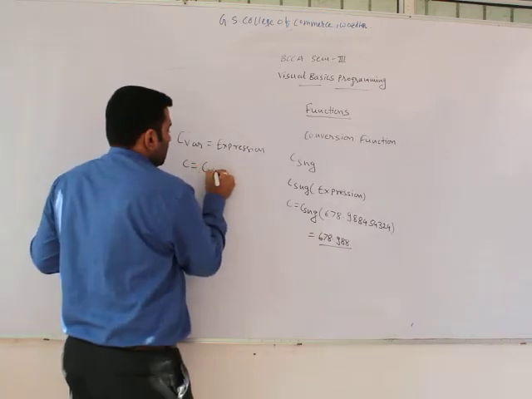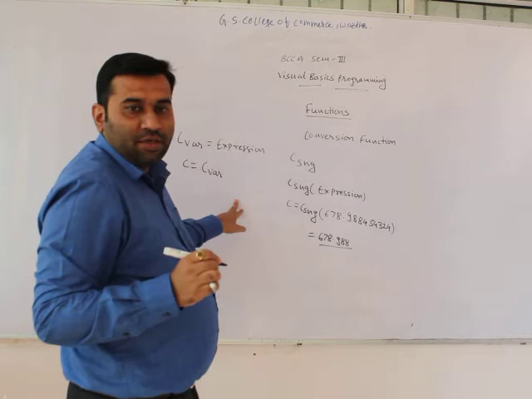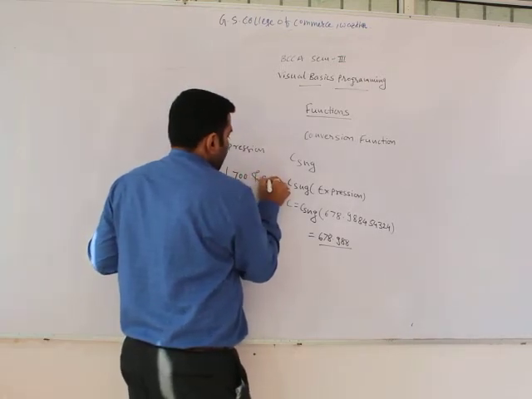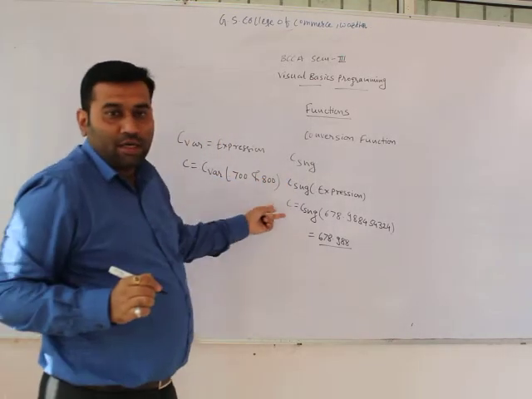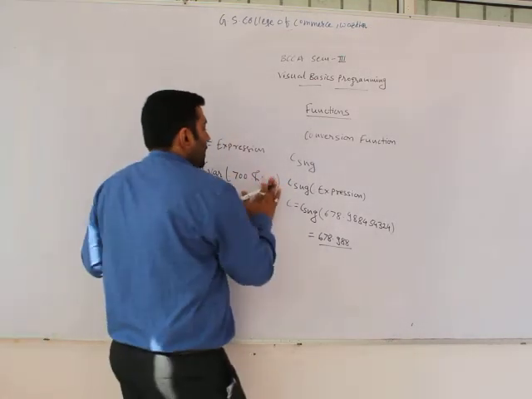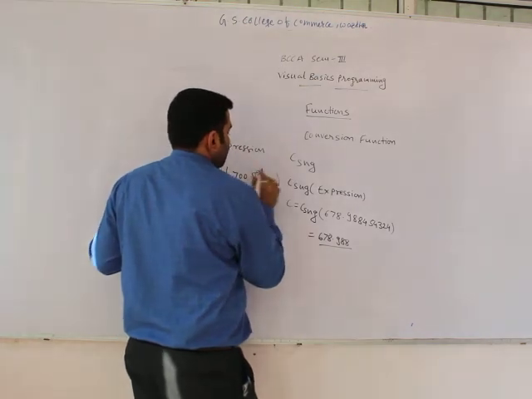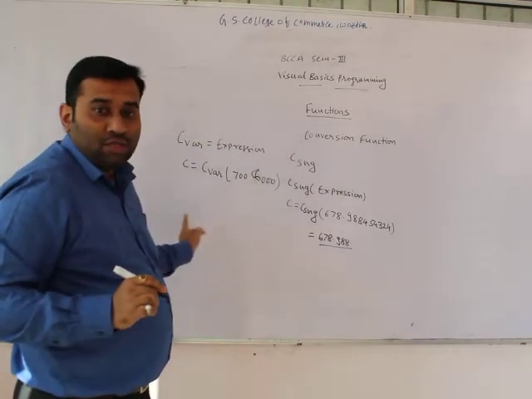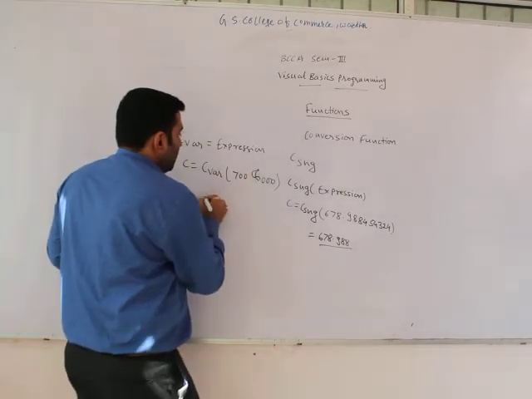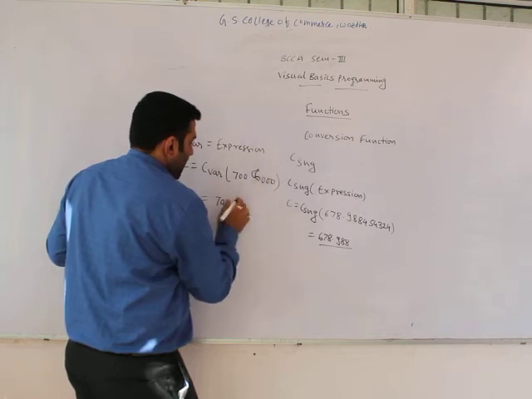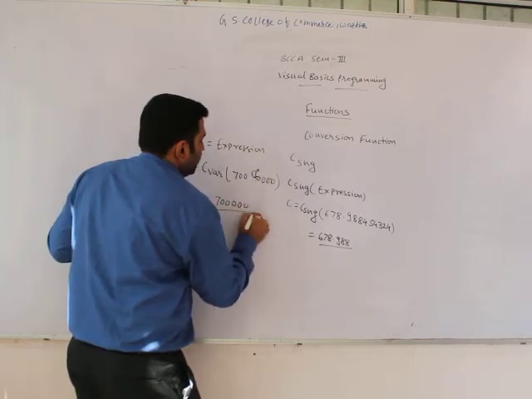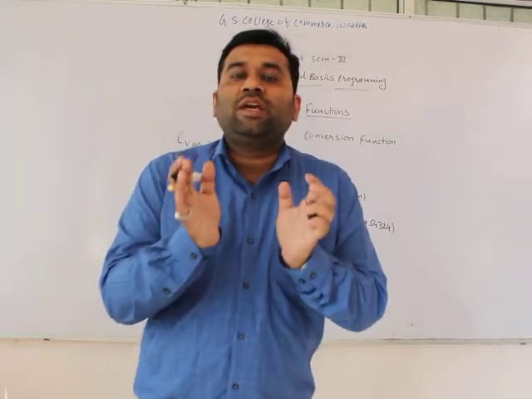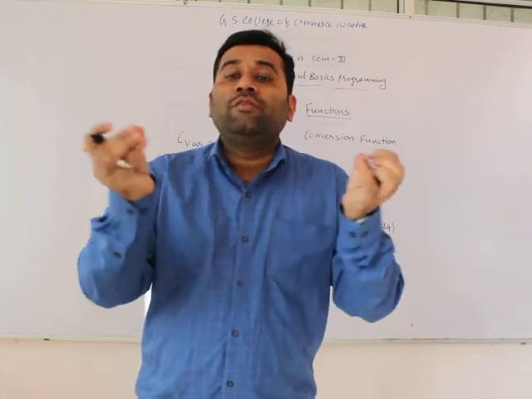C equal to CVAR 700 and 00. This function returns the output 700 combined with three times 00, and this function is used to convert the specified expression to the variant data type.